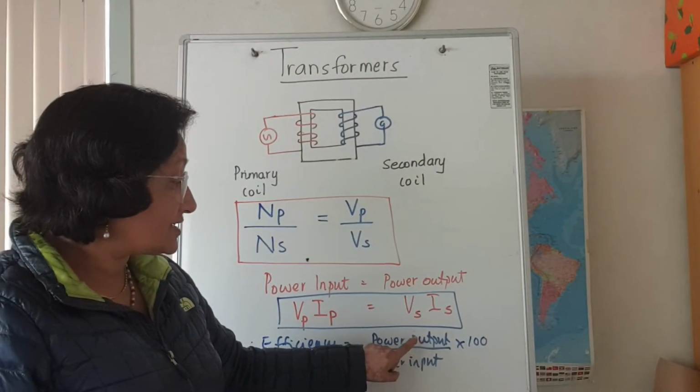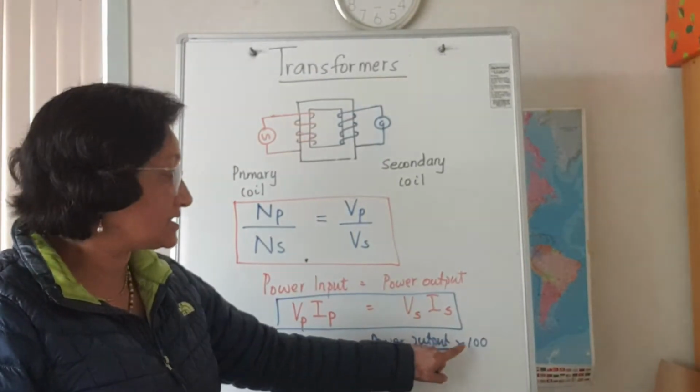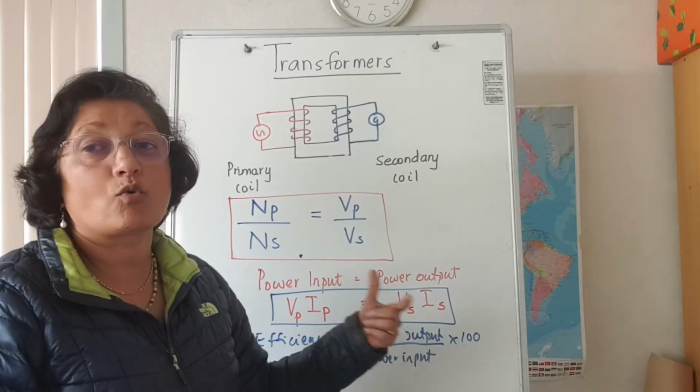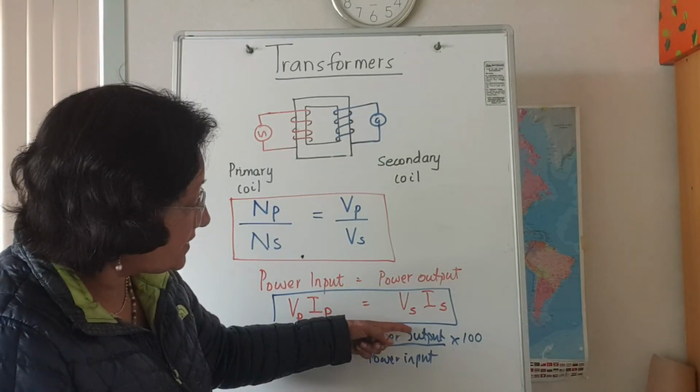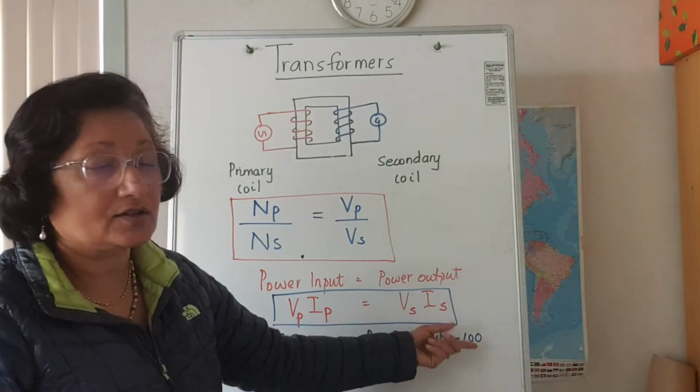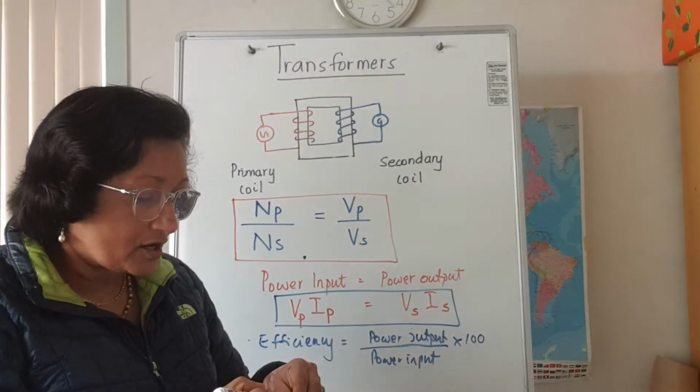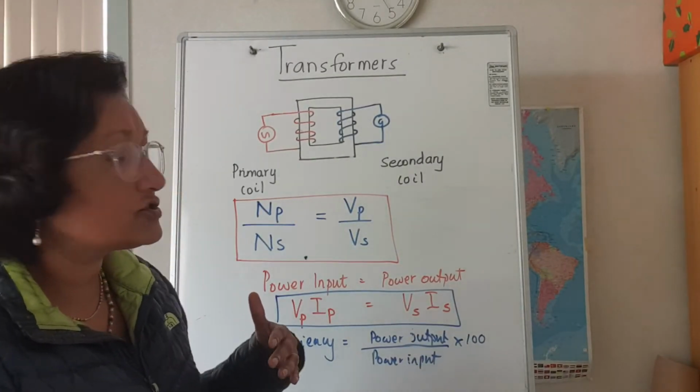If you're getting less power out, then it's going to be less than 100. You'll never get more than you put in. The maximum you could get is when the output is the same as the input, and then you get 100% efficiency.